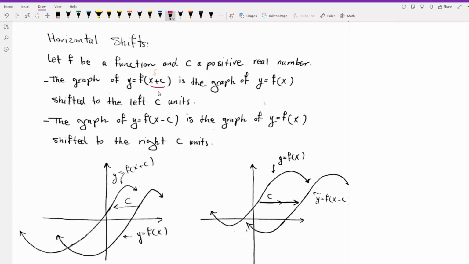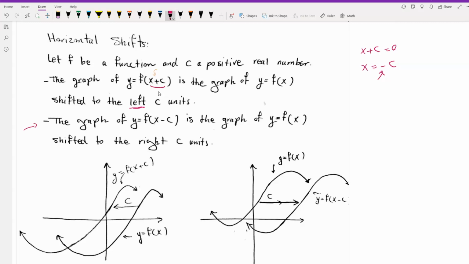So here we have x plus c, and in that case we have to shift to the left c units. If I try to find x so that x plus c equals 0, we're going to have x equal to negative c. This is negative, which means we have to shift to the left.